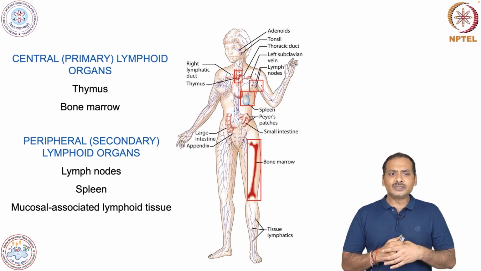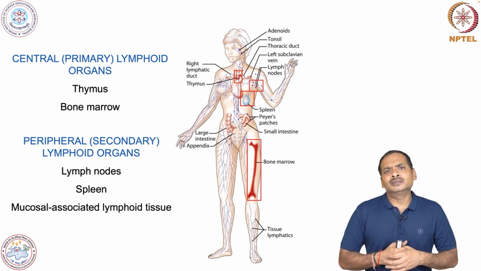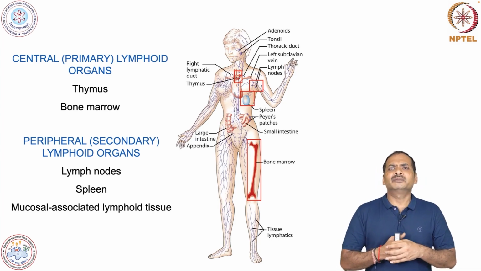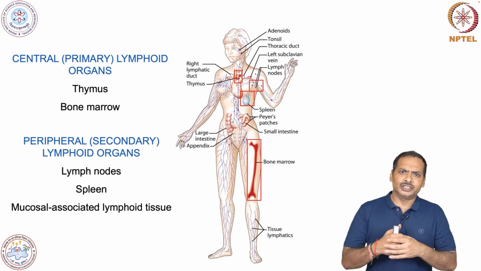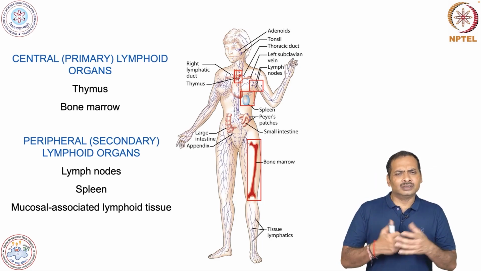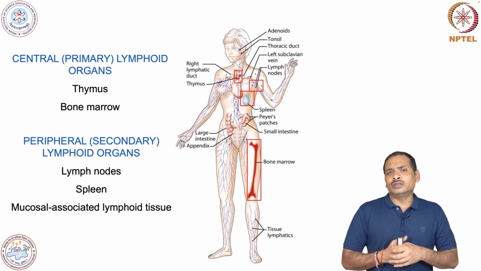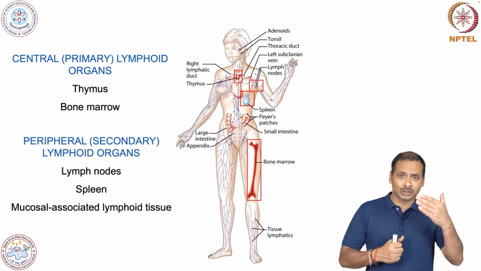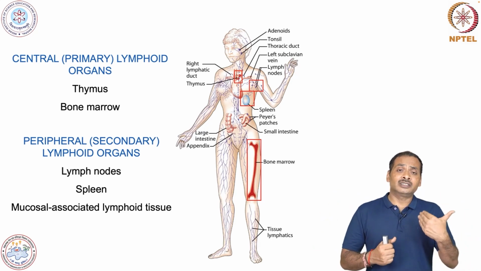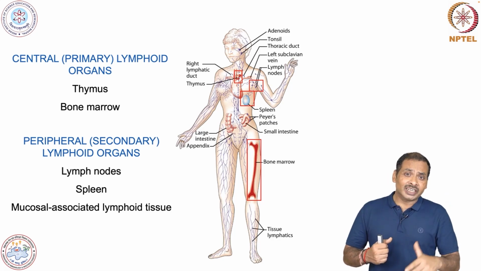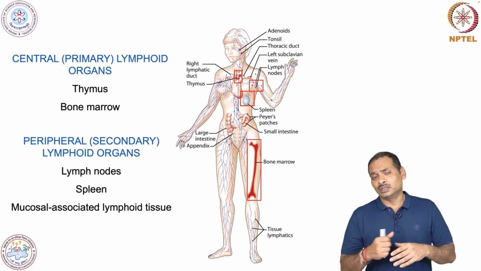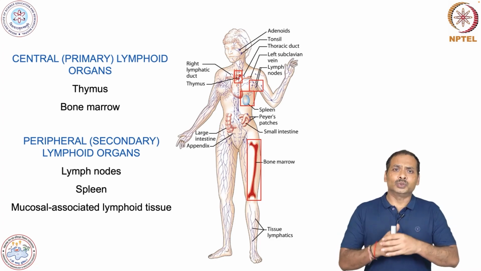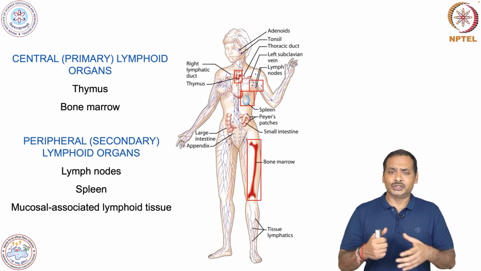Okay, and there is another lymphoid organ which we call mucosal-associated lymphoid tissue. This is also scattered throughout the mucosal surfaces. It includes the gut, the urogenital tract, and the nasal tract also comes under mucosal-associated lymphoid tissue.